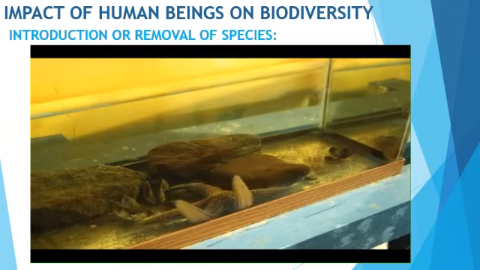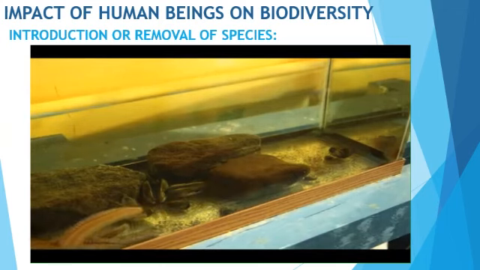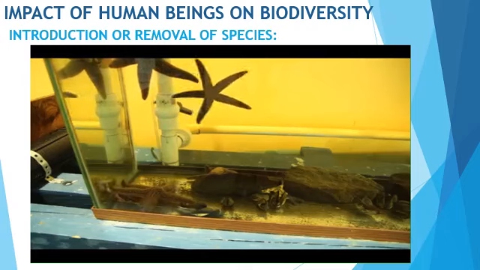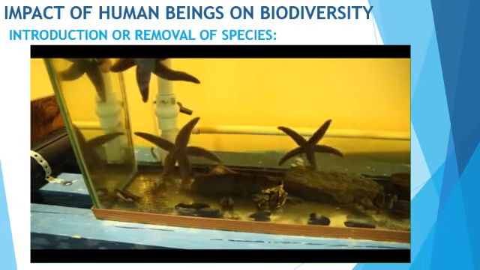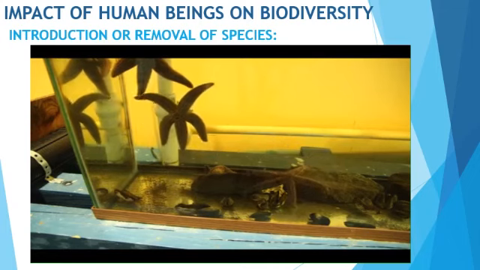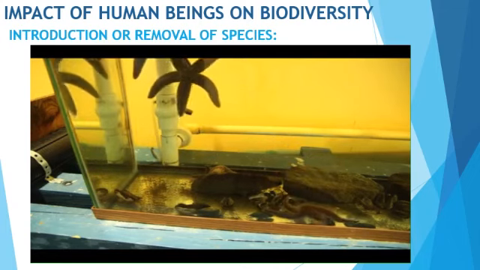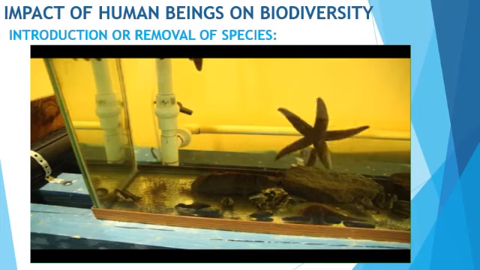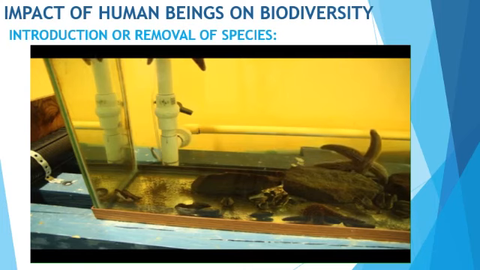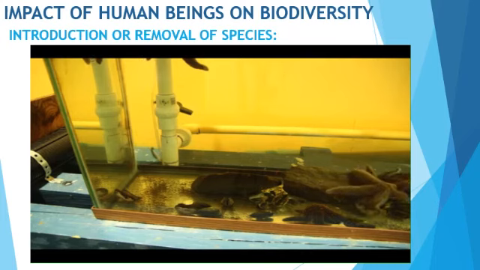Another example is starfish. Starfish and mussels both are aquatic invertebrates. Starfish eats mussels and mussels eat many other aquatic organisms. So, if starfish is removed from an aquatic ecosystem, the mussels will increase in number and they will be harmful for other species by decreasing the number of other species.